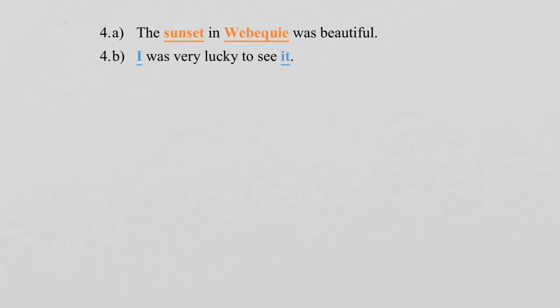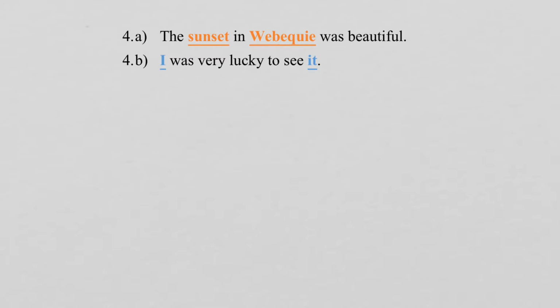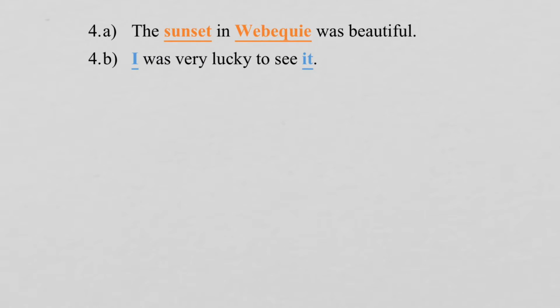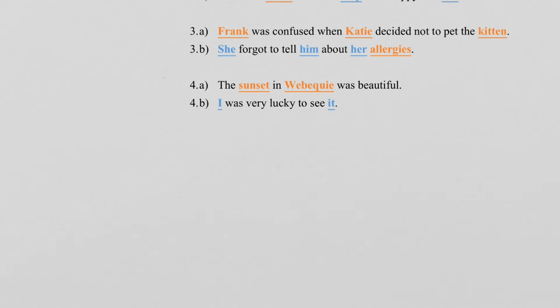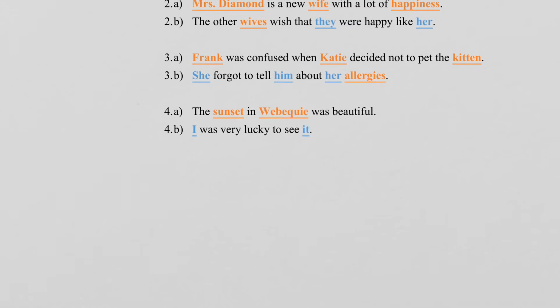So if someone was reading this, they might say, "Oh, well, you must have been to Webequie, right? If you're saying that you were very lucky to see it." And it, of course, is talking about the sunset, specifically the sunset in Webequie. And because we just mentioned the sunset in Webequie, it's obvious what it is.